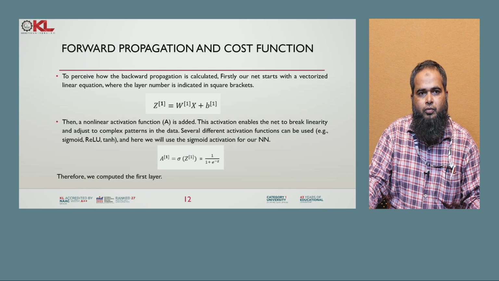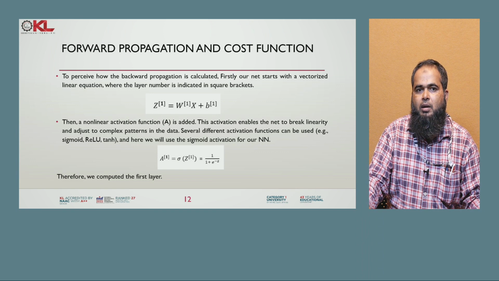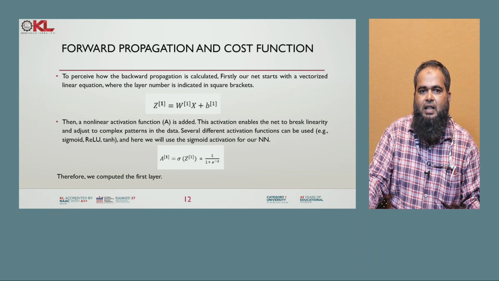In the case of forward propagation and cost function, we have to evaluate Z1, that is W1 x plus B1, meaning the weights multiplied by the input plus the biases gives Z1, where the number indicates the layer number.